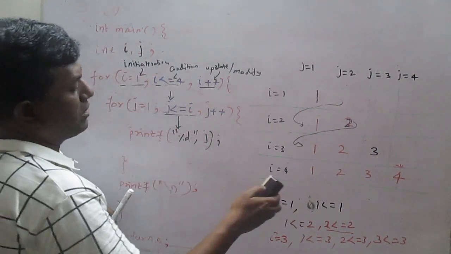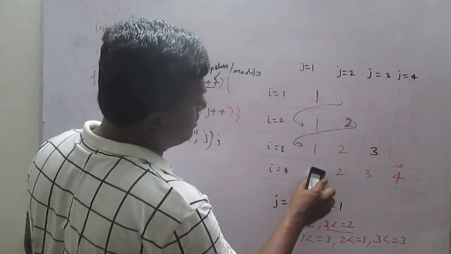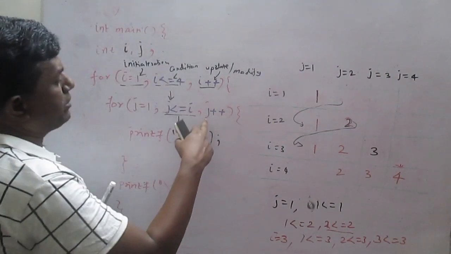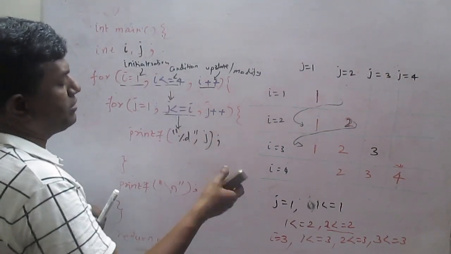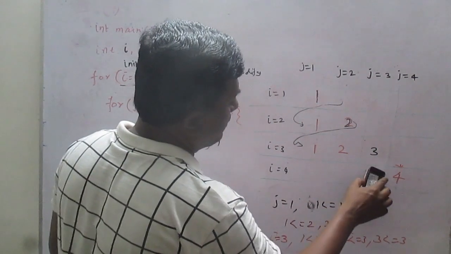The reversed pattern is something like this: instead of doing the post increment, we'll be doing the decrement.